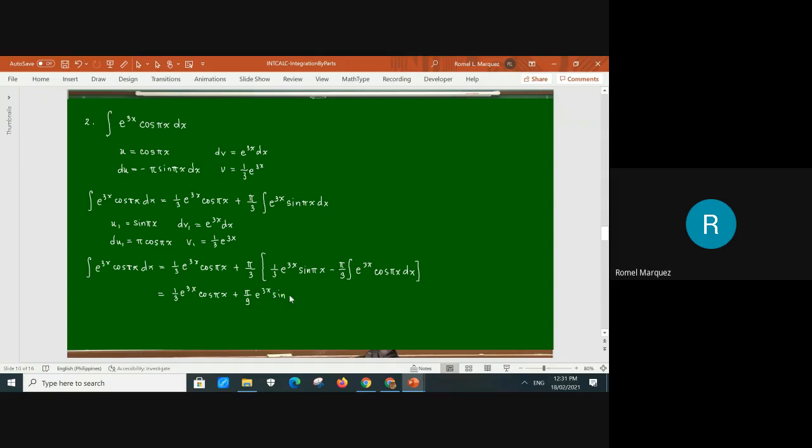Am I correct? And then after that, negative pi squared over 9, then the integral of e to the 3x cosine pi x dx.